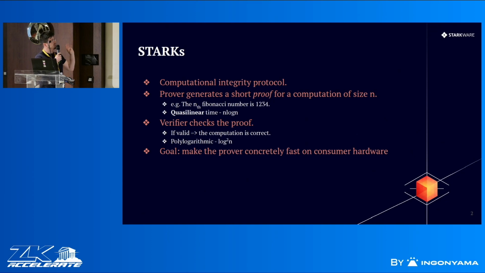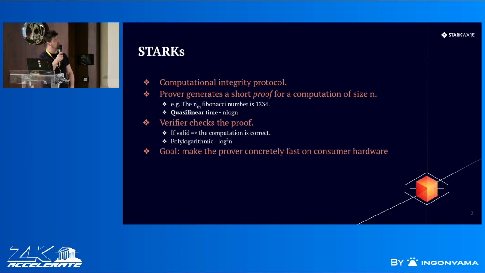So the prover generates a short proof for this computation, and the time it takes is quasi-linear, which means a bit more than the computation, and how much more is something we want to optimize. And in Stark, it's something like n log n.